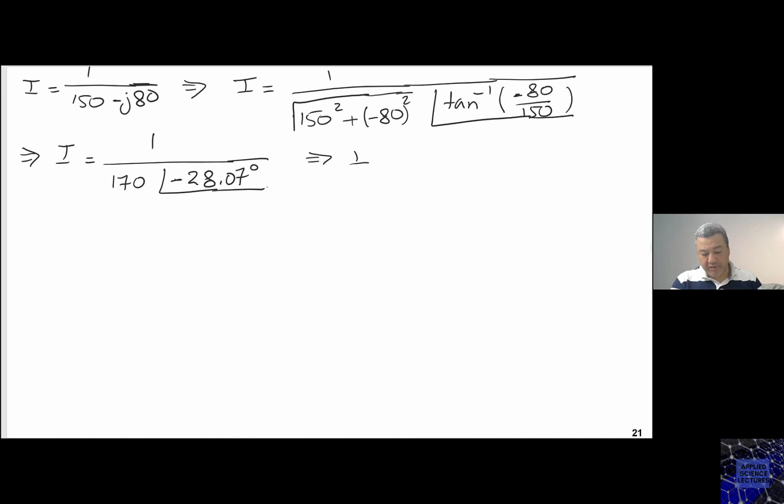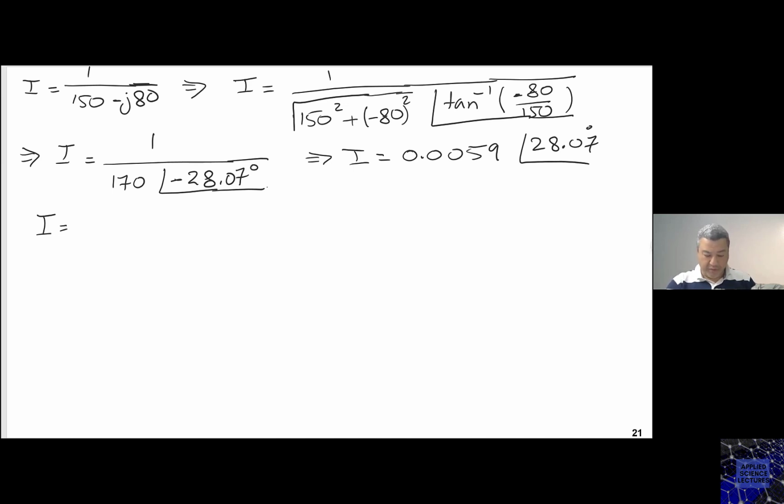Or the current is 0.005 at angle minus 28.07 degrees. So where did you get 170? Where did you get that number?